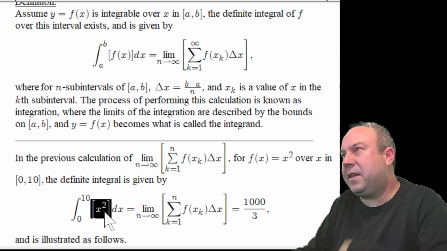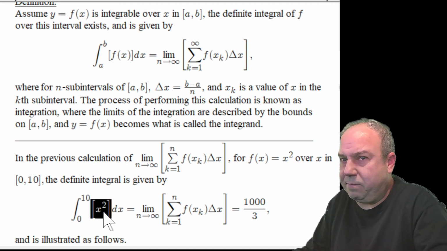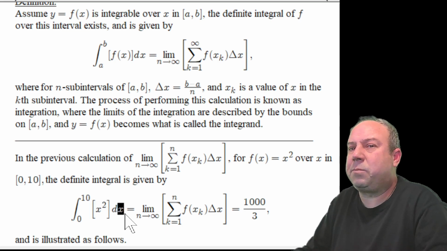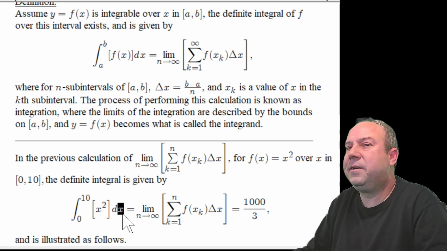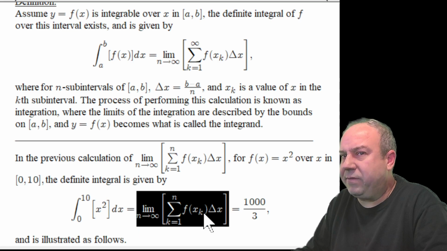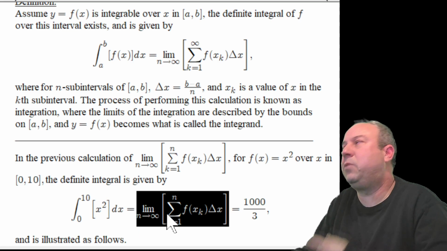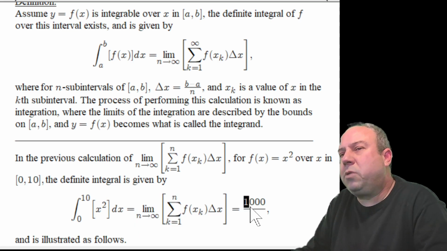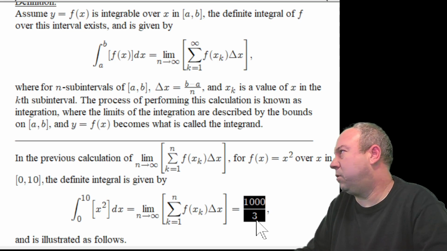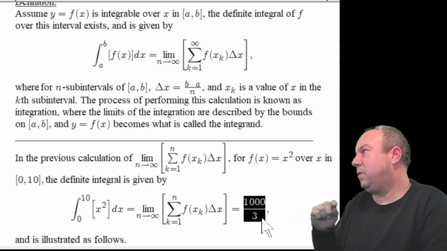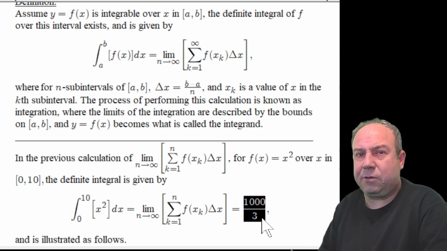That's applied on the integrand, x squared, with respect to variable x. And it is equivalent to the limit of the Riemann summation in this case that we set up previously, which we have shown is equal to 1,000 thirds units squared in value.